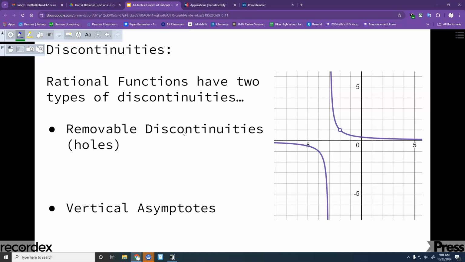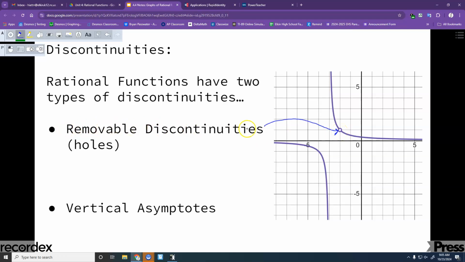Okay, so if you look over here at this graph, you have a removable discontinuity right here at this point, and it'll be shown by an open circle. So it's just one point on the graph that's missing. We call them holes. It's pretty obvious, I think, why we call them holes in the graph.